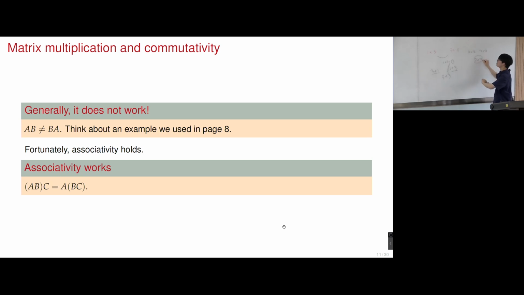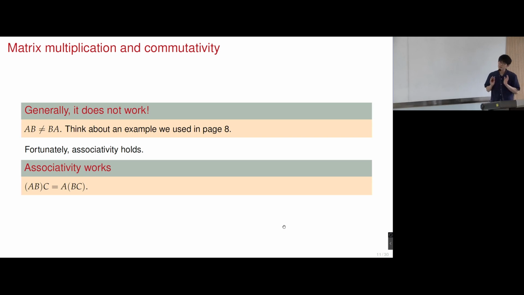But even if that works, there will be times where if you switch the multiplication, they're not going to be the same. So our nice property, commutativity, is not going to work for multiplication. Generally it does not work.